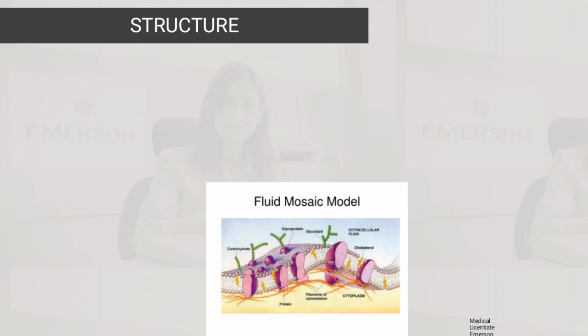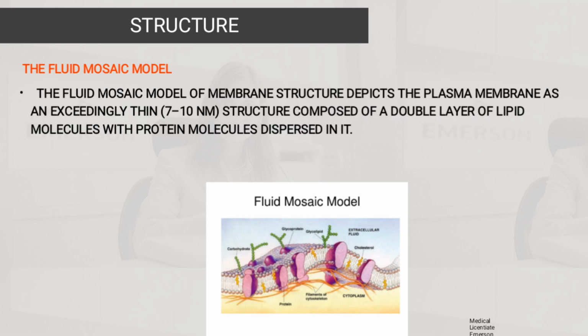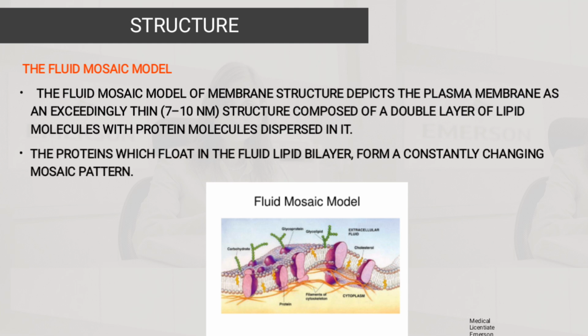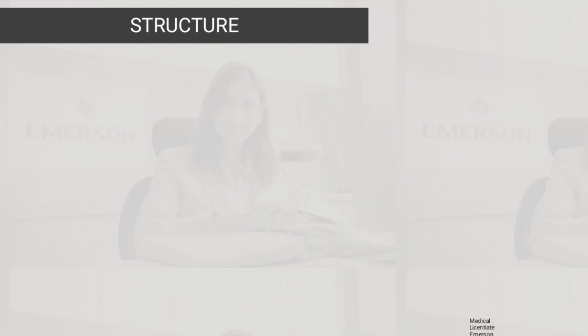In terms of structure, we have what we call the fluid mosaic model, which depicts the plasma membrane as an exceedingly thin structure, about 7 to 10 nanometers, composed of a double layer of lipid molecules with protein molecules dispersed in it. The proteins float in the fluid lipid bilayer and form a constantly changing mosaic pattern.